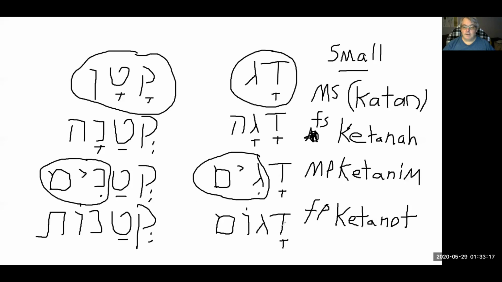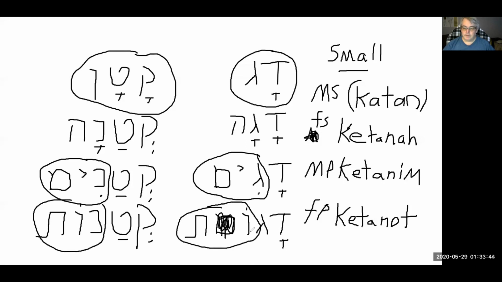And you get dagot, which is the feminine plural of fish, dagot ketanot, right? You get those endings that are the same because they're matching with one another, right? So dagot, ketanot. So you see how it conjugates and it matches, it changes to match what it's associated with.